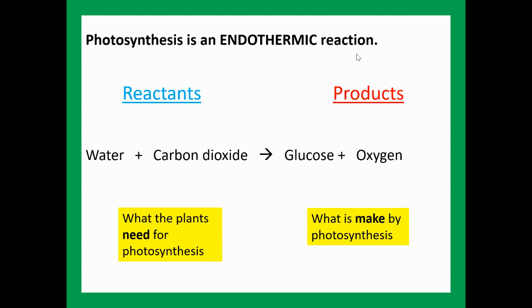Now, an endothermic reaction, in essence, is a reaction that requires energy. The opposite is an exothermic reaction, which gives out energy. So something like combustion, burning, is an exothermic reaction as it gives out heat and light, whereas photosynthesis is an example of an endothermic reaction, as it requires energy.